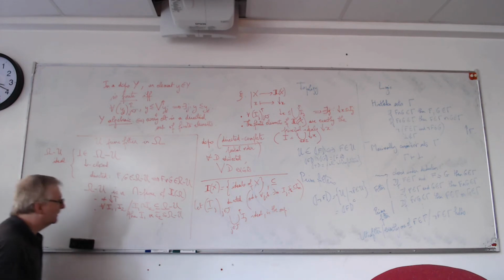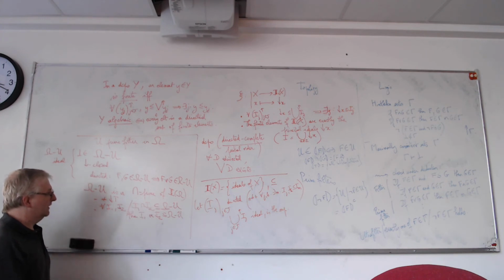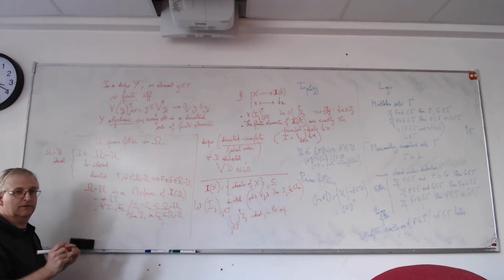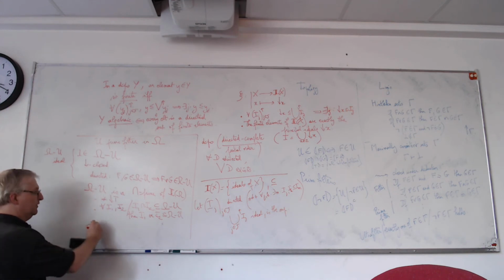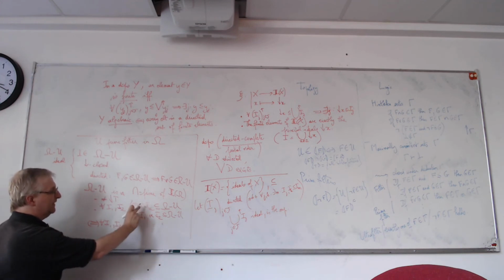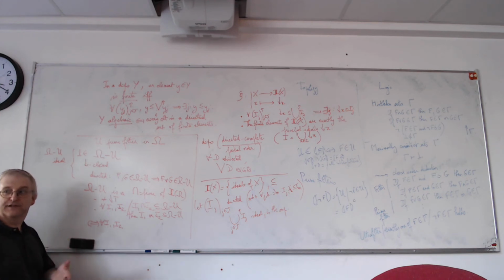So, what does it mean to be included in omega minus u? That means it doesn't meet u. Okay, let me say that slowly. Blah is included in the complement of u means that for everything in blah, it's not in u. So blah doesn't intersect u.